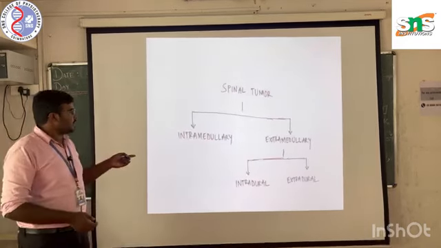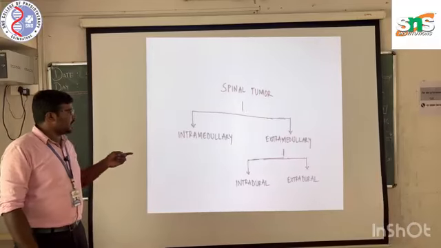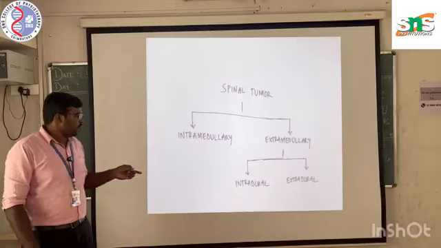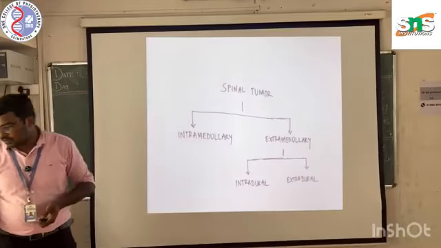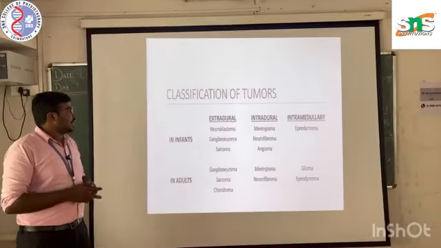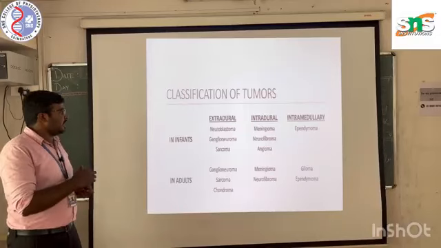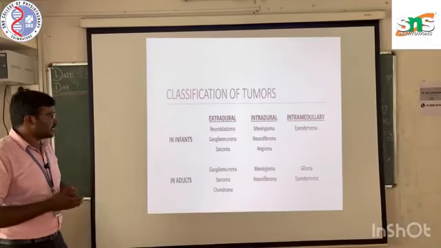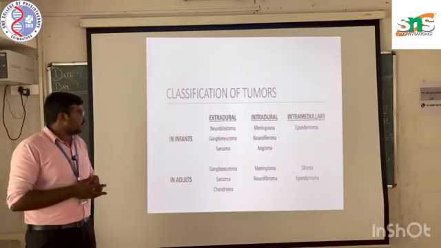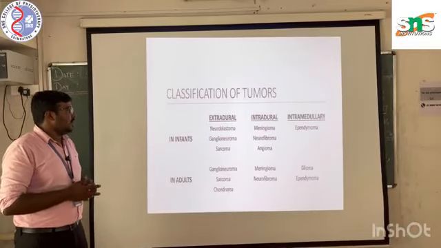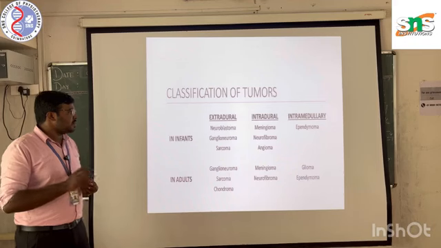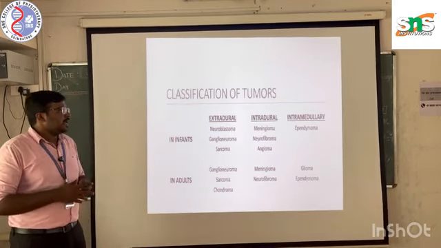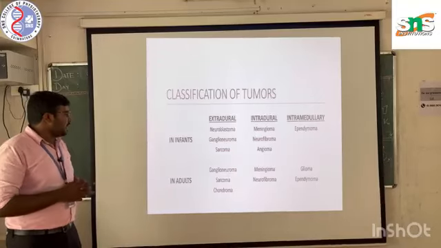So spinal tumor is classified into two, intramedullary and extramedullary tumor. Extramedullary tumor we have two, intradural and extradural tumor. In infants, extradural tumors include neuroblastoma, ganglioneuroma, and sarcoma; intradural tumors include meningioma, neurofibroma, and angioma; and intramedullary, ependymoma.